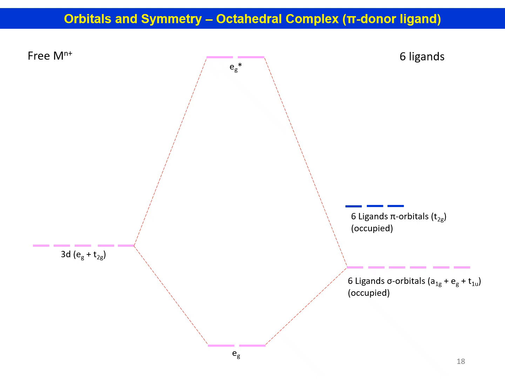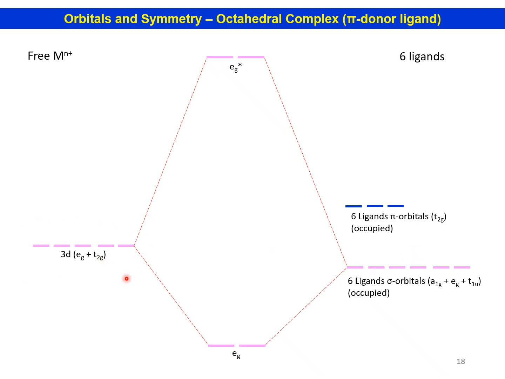In a molecular orbital diagram for the pi donor ligand, there will be 2 ligand orbitals involved, the sigma orbital and the pi orbitals of the 6 ligands, where both of them are occupied. The sigma orbitals are occupied, the pi orbitals are also occupied. And the reason the ligand is called a donor is because the ligand has electrons to donate. So that explains why both orbitals, sigma and pi, are occupied.